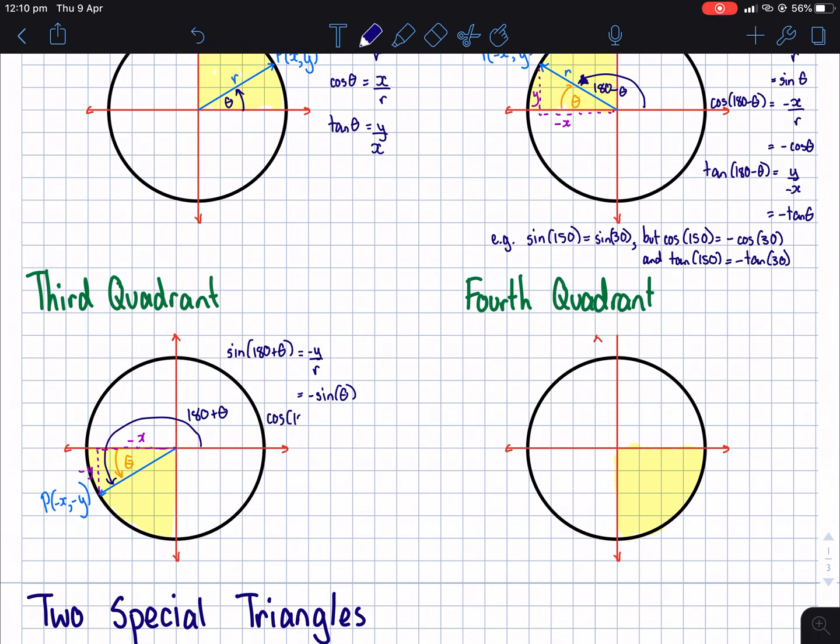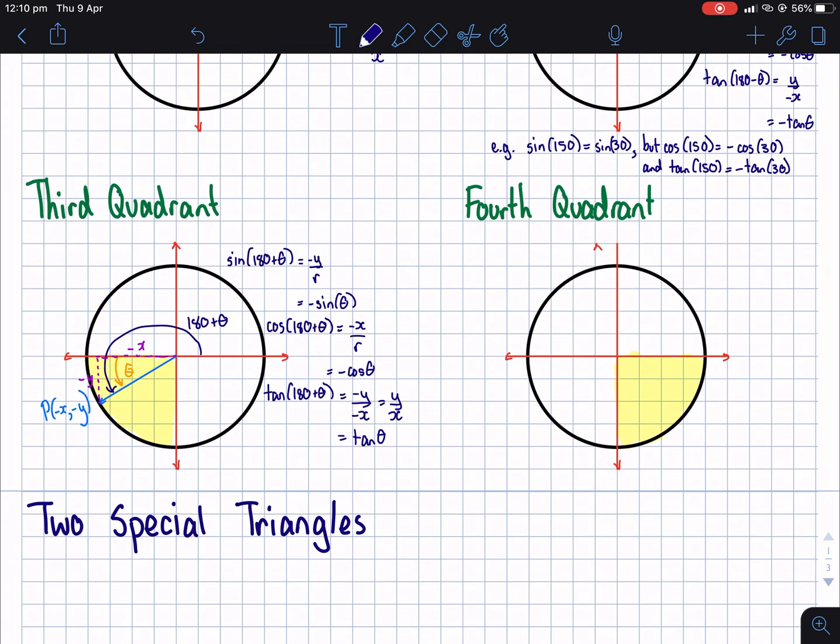Cos of 180 plus theta equals minus x over r, which gives me minus cos theta. And tan of 180 plus theta equals minus y over minus x. The minuses cancel out, so that's y on x, so that's positive tan theta.